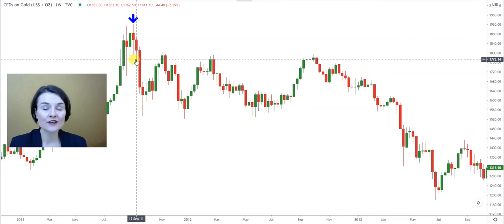Now, there's an inverse relationship between the gold price and the dollar. Why? Remember, the majority of the commodities are priced in dollars. Let's start there. Gold, oil, platinum, palladium, they are priced in dollars. When the dollar strengthens, the other major currencies weaken against the dollar.